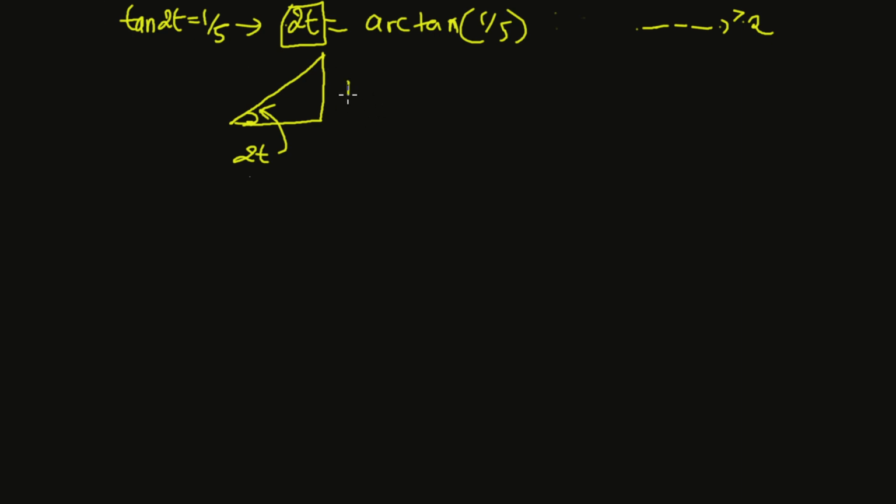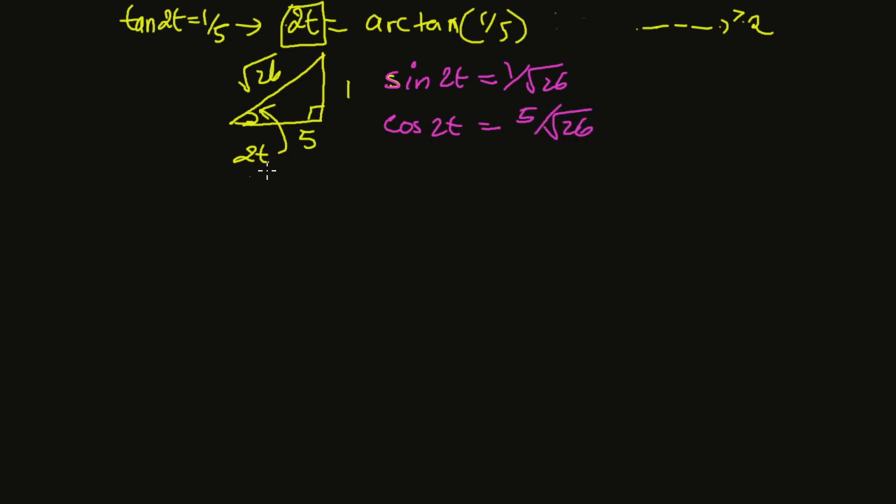Okay, so 1 and 5 because of tangent, opposite, adjacent. Then 25 plus 1 is 26, so the hypotenuse is square root of 26 when you do the Pythagorean theorem on this right triangle. So sine of 2t, of the angle, is 1 over square root of 26. Cosine of 2t is 5 over square root of 26.